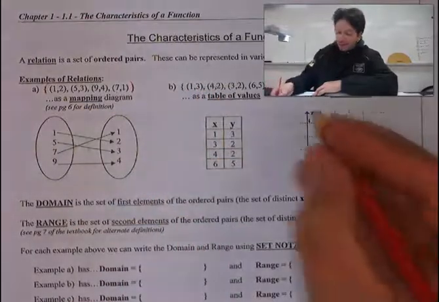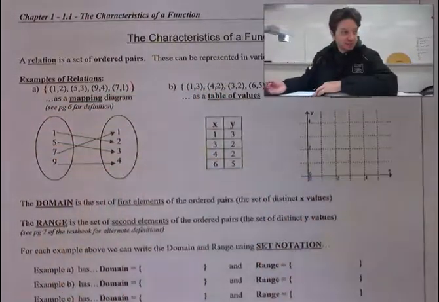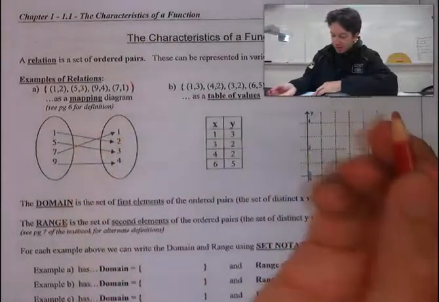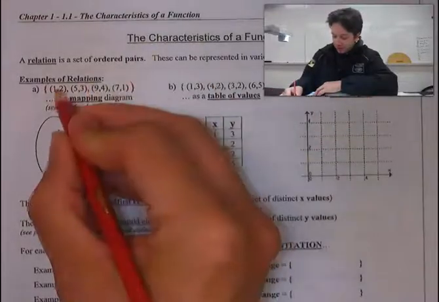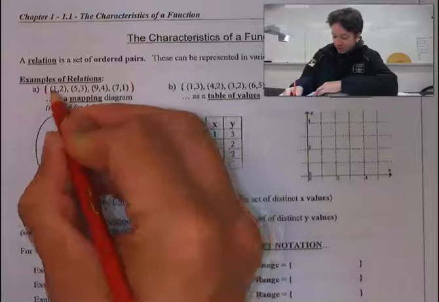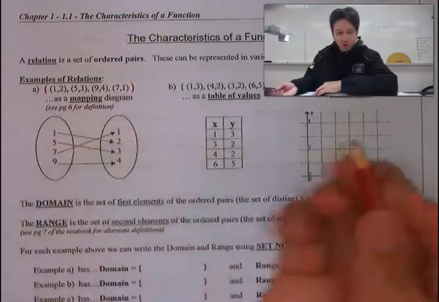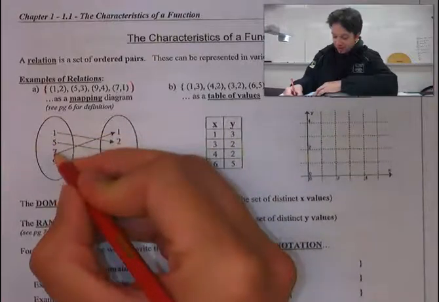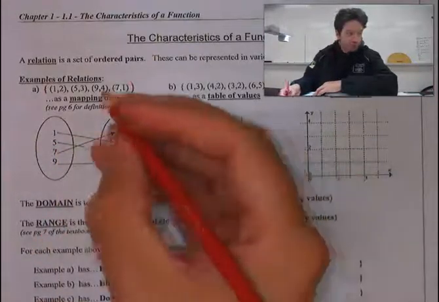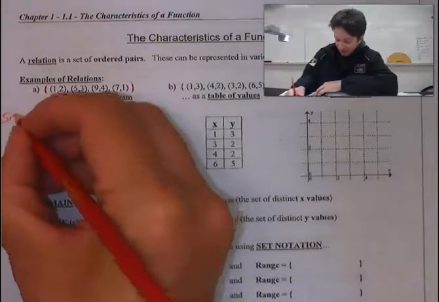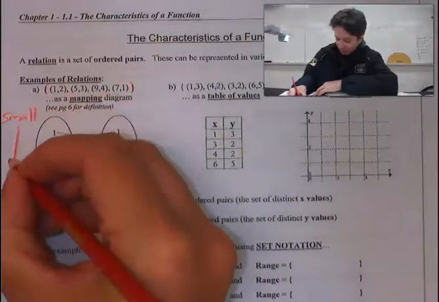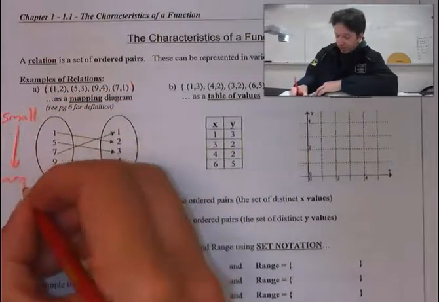And there are different graphical ways that you can show a relation. This one is called a mapping diagram. Your first set, like 1, 5, 9, and 7, you would write here. But of course, you wouldn't write 1, 5, 9, 7. Notice the 7 comes first, right? You're going to write smallest to largest in that order.